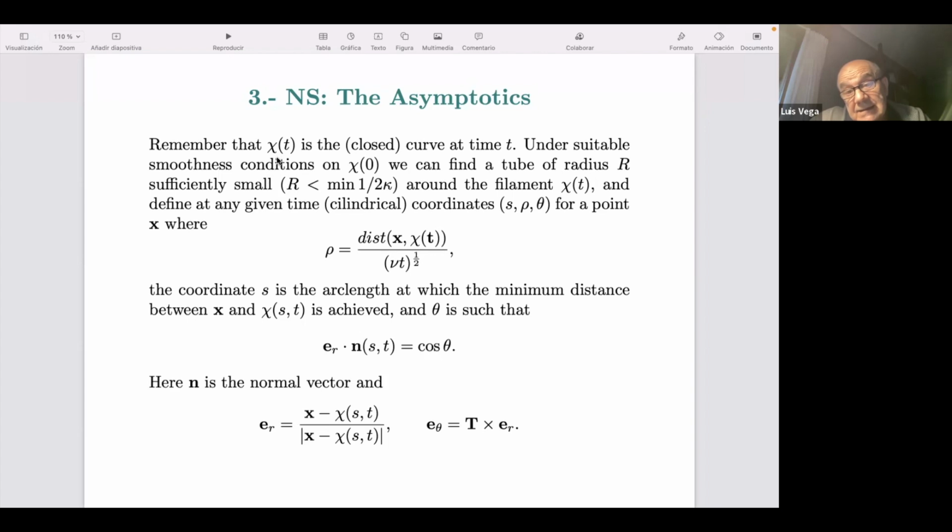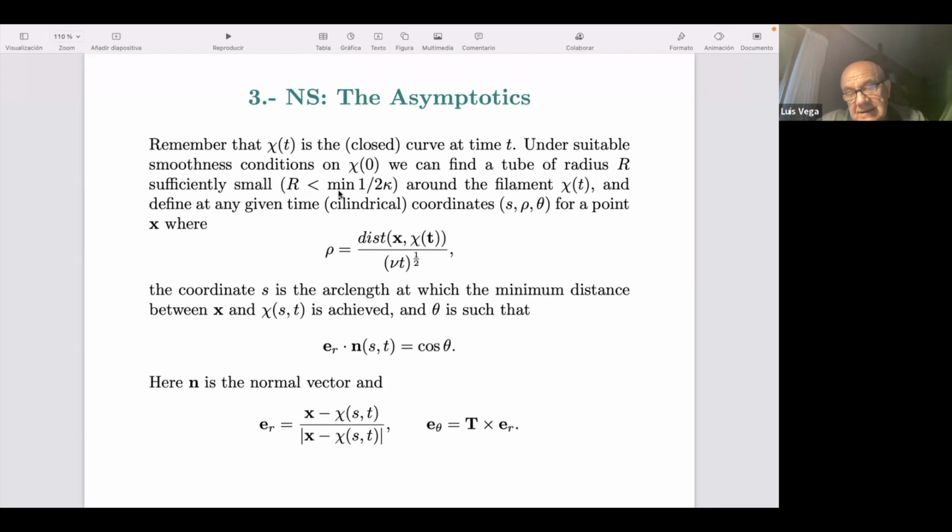If that is the case, I will have the curvature under control, and I will be able to define a tubular neighborhood of the curve, and the size of the tubular neighborhood will be fixed, of the order of the inverse of the curvature. So this is the very first scale I have to fix, and as you see, it is dictated by the curvature.